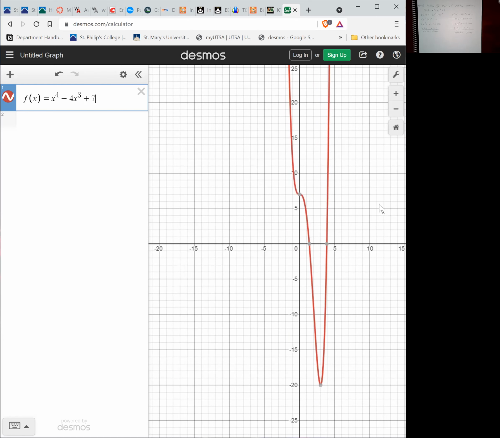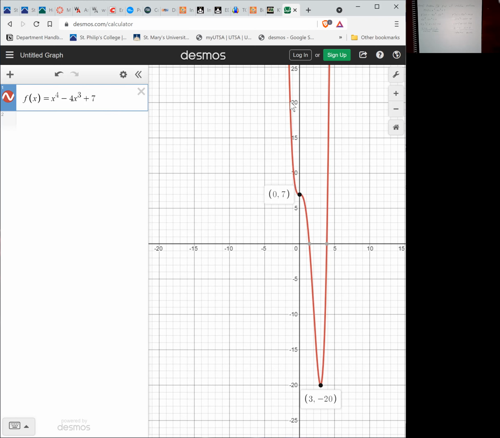We have 0, which we said was an interesting number, and 3 was a critical number. Here we have a point of inflection.